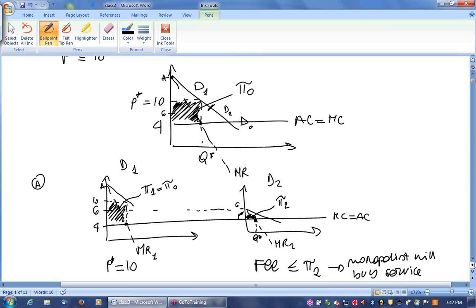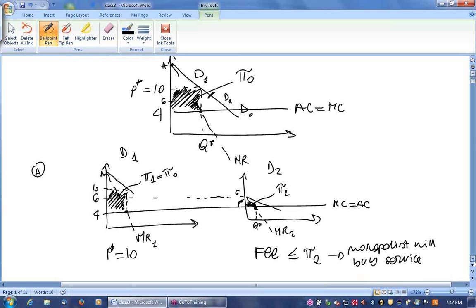So the final profit: because pi 1, the profit that the monopolist would make on the first part of the demand curve, is equal to the initial profit that the monopolist was making without splitting the demand, these profits are already covered. The extra profits that the monopolist makes are pi 2.